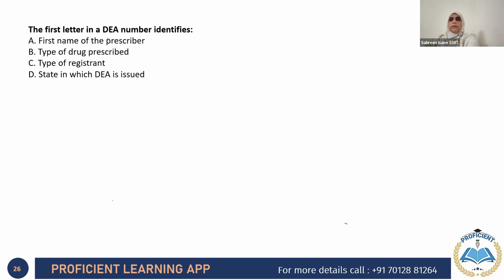Next, the first letter in the DEA number identifies what? You have 2 letters, right? Followed by 6 digits and then one more digit, right? So the first letter is the type of registrant.